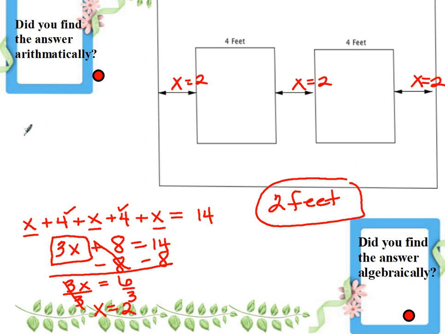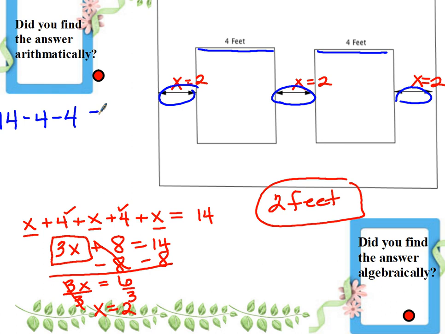Now, is there another way we could have solved this? Absolutely. So let's take a look. If this is 14 feet and I know that I have to take away the distance of each of the posters, right? So we can subtract 4 again, and that'll tell us how much is left altogether right here.